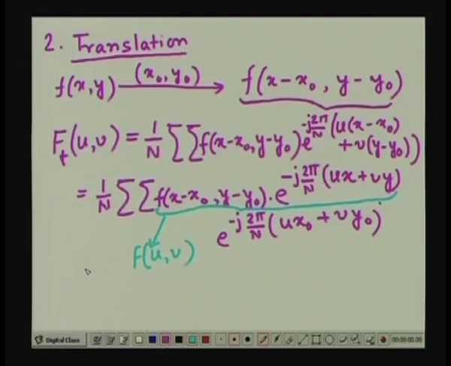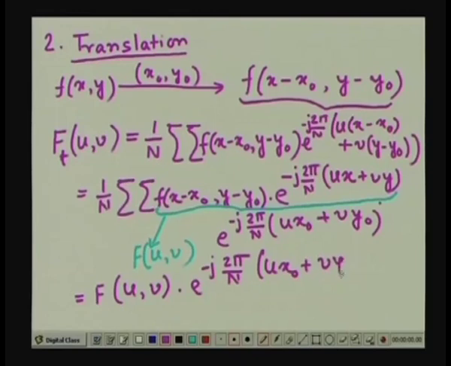So, by doing this translation, the final expression F t(u, v) will come in the form F(u, v) into e to the power minus j 2 pi by capital N into (u x naught plus v y naught). This is the final expression of this translated signal that we get.